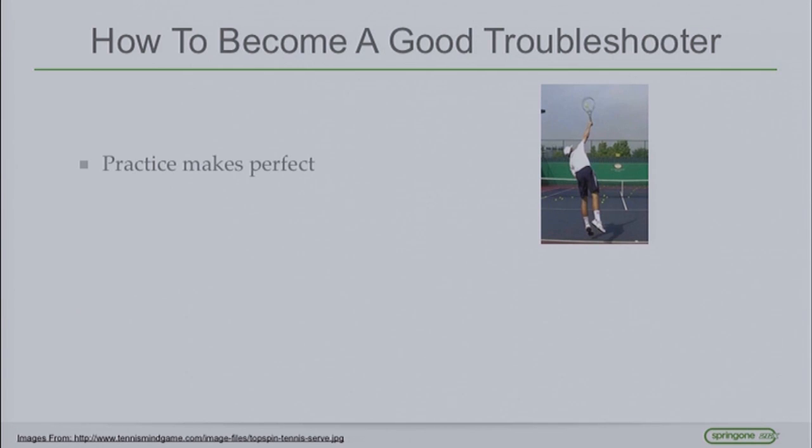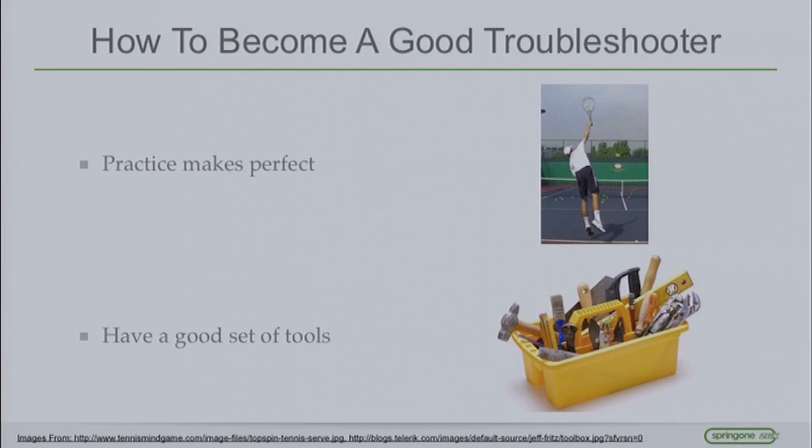And so one question is, how do you become a good troubleshooter? Well, one, you have to practice. Just like in tennis, you have to practice your serve over and over again. You need to practice troubleshooting over and over again to really become good at it.